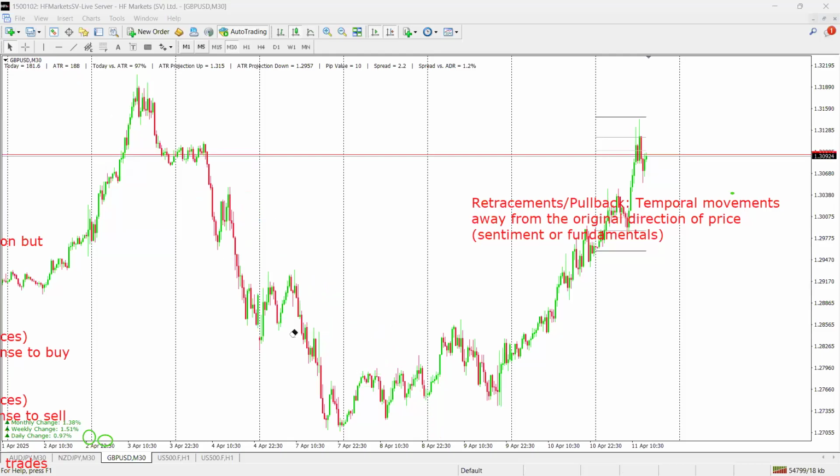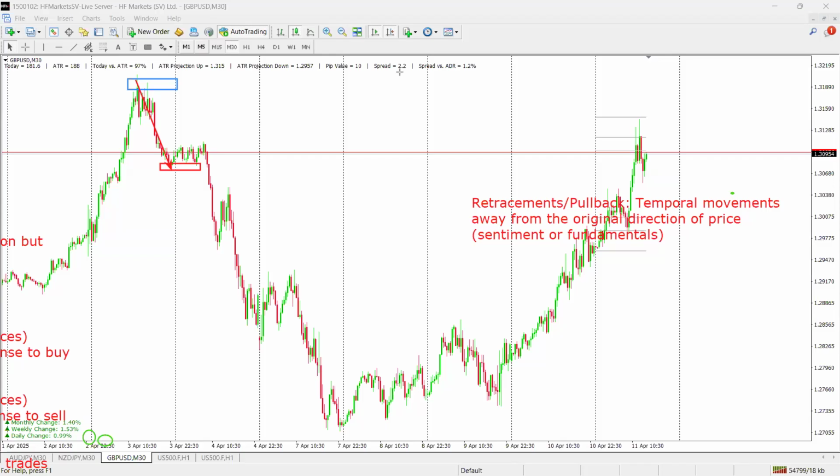Starting point. Price went down, ran into a support that stopped the market temporarily.